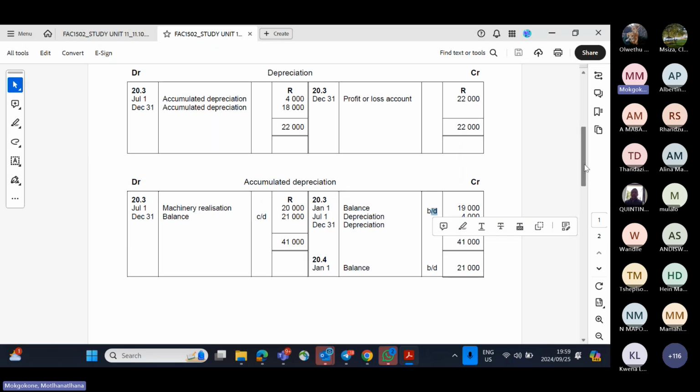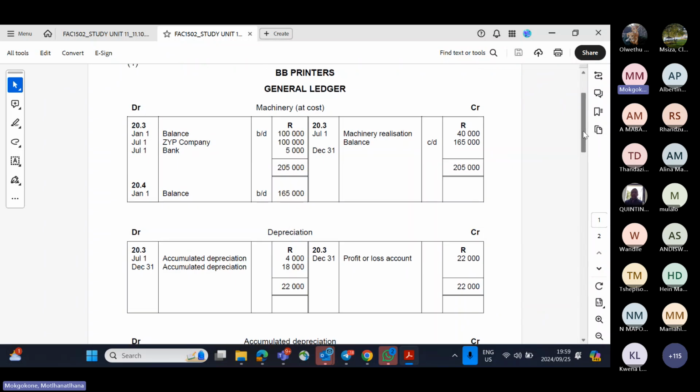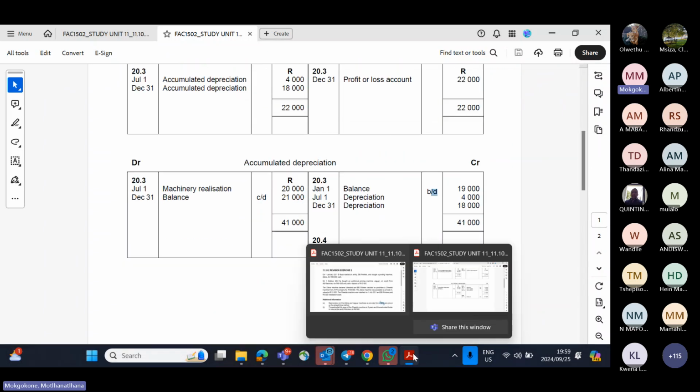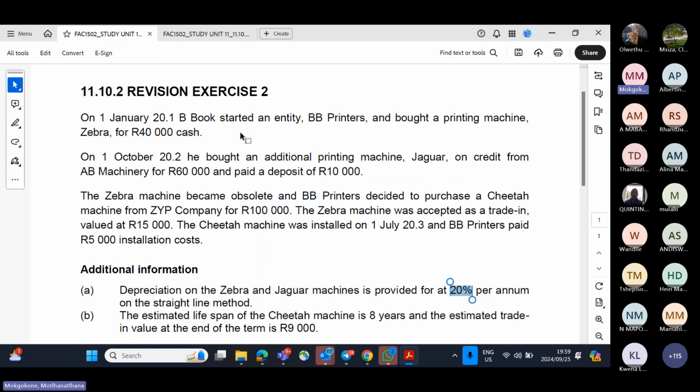If you remember, we calculated 19,000 of this depreciation because it was from the two machines. It was from this machine, which is 40,000 times 20 over 100, the whole year from 1st of January 20.1. It was 8,000 for 20.1. For 20.2, it was 40,000 again times 20%, which was 8,000 again. If you add 8 plus 8, they will give you 16,000.